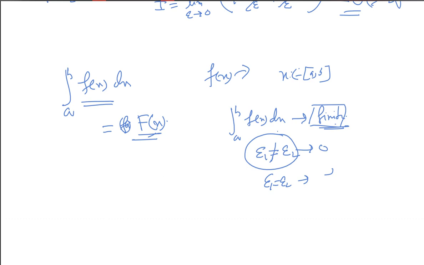One doubt. हाँ बोलो. Sir, suppose it happens that when epsilon 1 is equal to epsilon 2 we get a finite value, but when epsilon 1 and epsilon 2 are not equal we don't get a finite value.